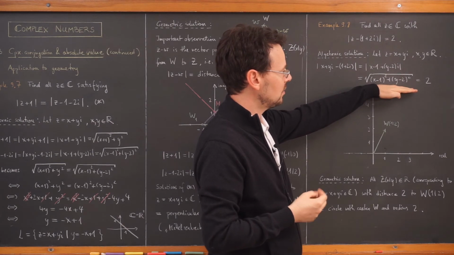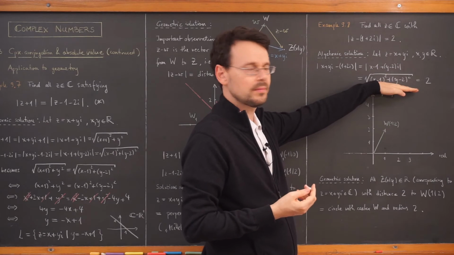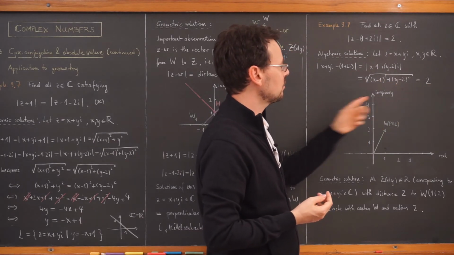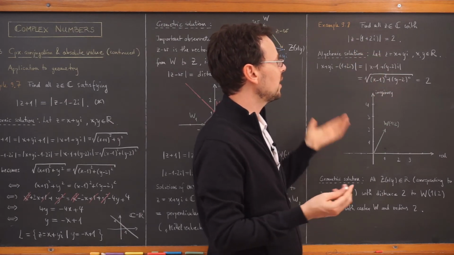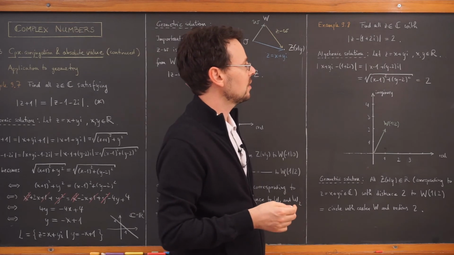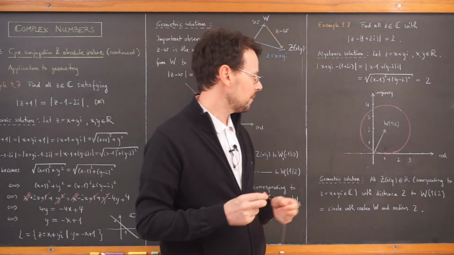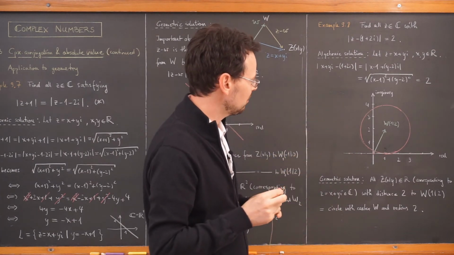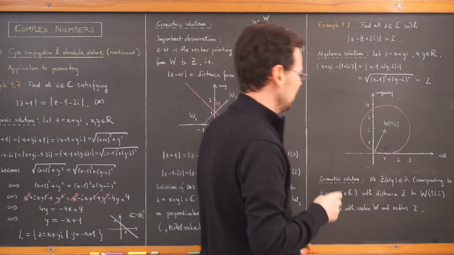If you have seen it before, it should be clear to you that this represents a circle with radius 2, and the center of this circle is simply this number 1 plus 2i, or written as a real tuple, (1, 2). Okay, drawing circles on this blackboard is not my favorite thing to do, and this is not really a circle, but you get the idea.